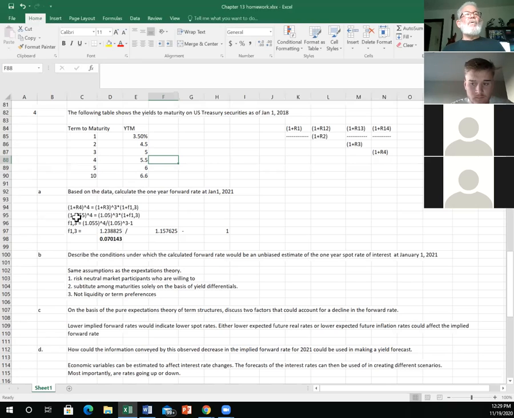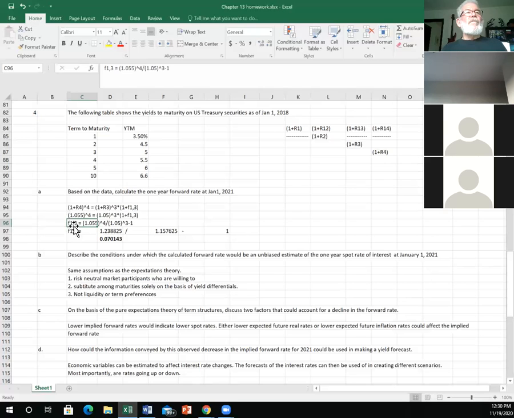So what we've got is (1.055) raised to the 4th power. And we have 1.05 raised to the 3rd power. And then we're going to solve for 1 plus this interest rate. This is what we're actually solving for. The forward rate for 1 year and 3 years out.